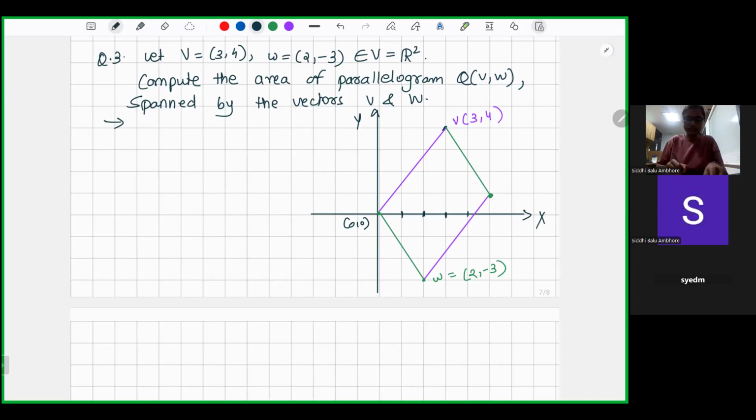Okay, so in general, this Q VW. This is easy to see and understand because we are in R2.